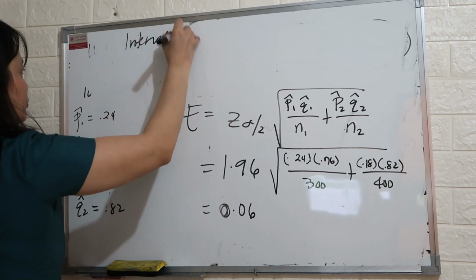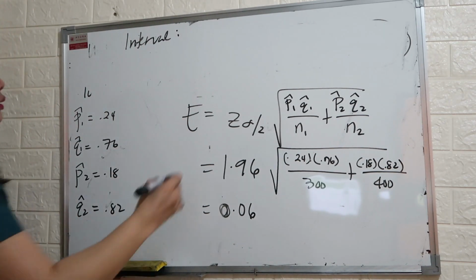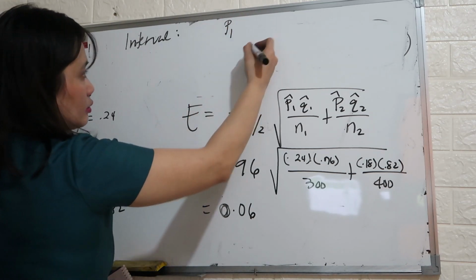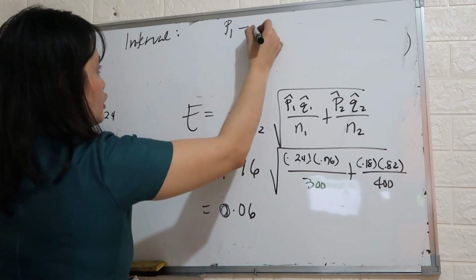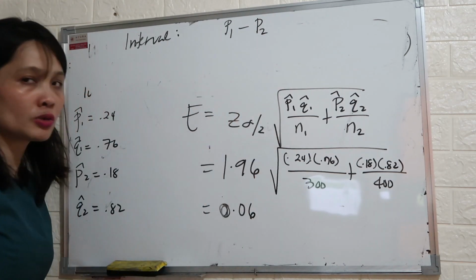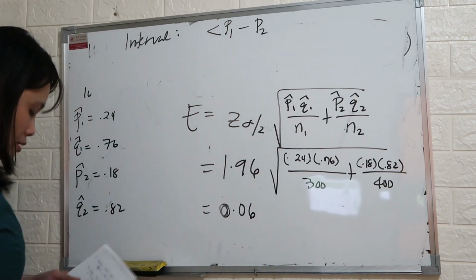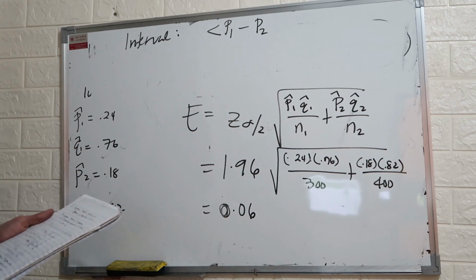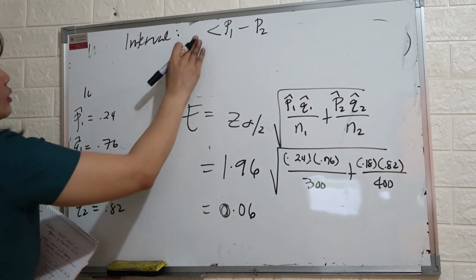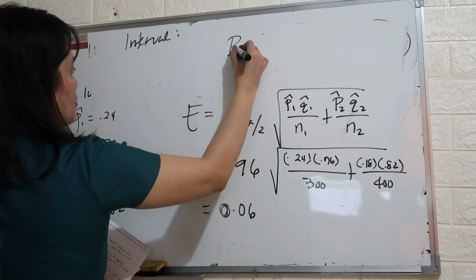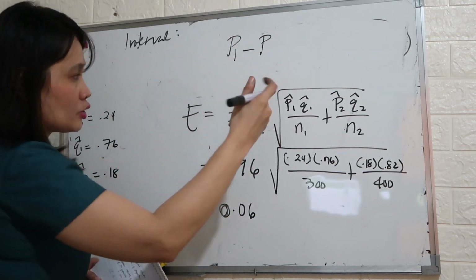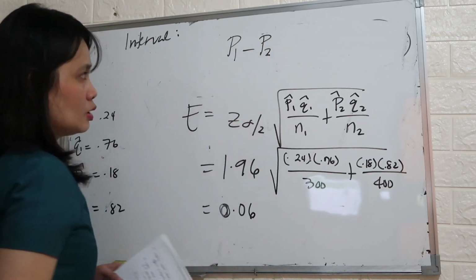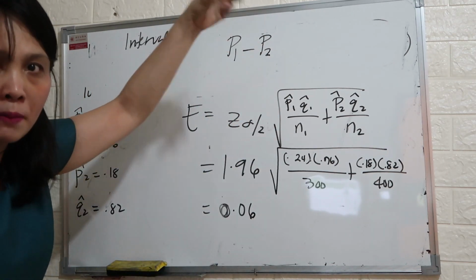So the interval will be: the first population proportion minus the second population proportion, P sub 1 minus P sub 2. When we say P here, we are referring to the population proportion.